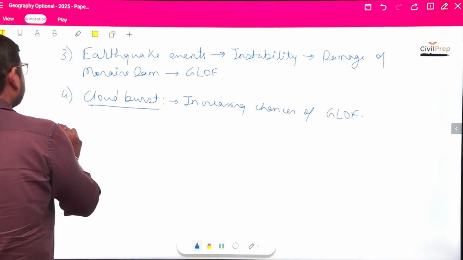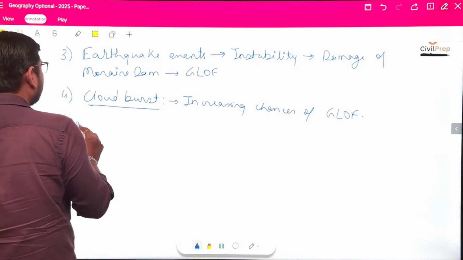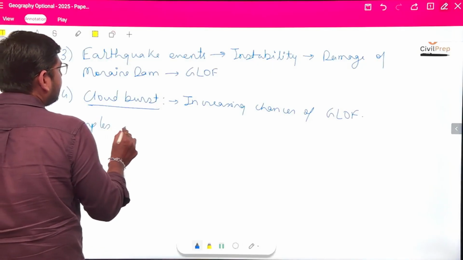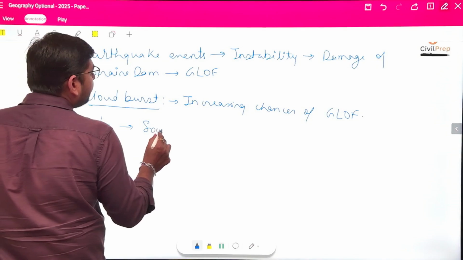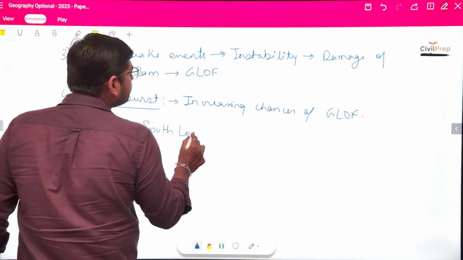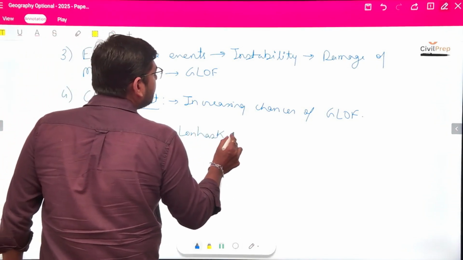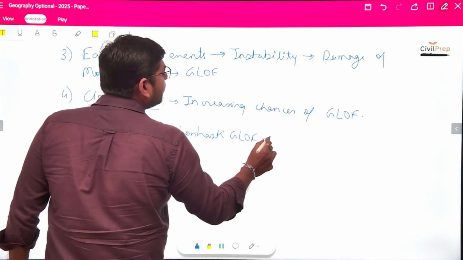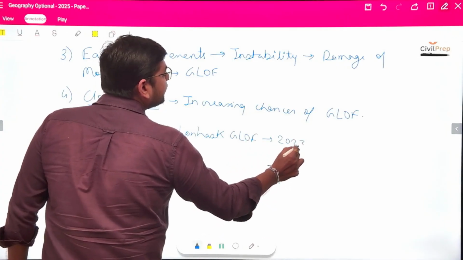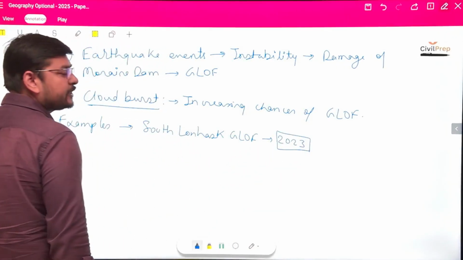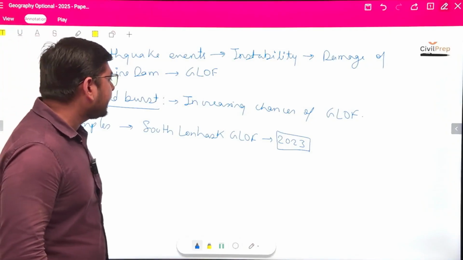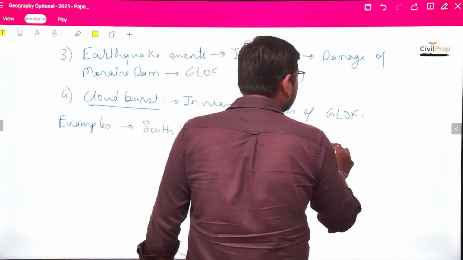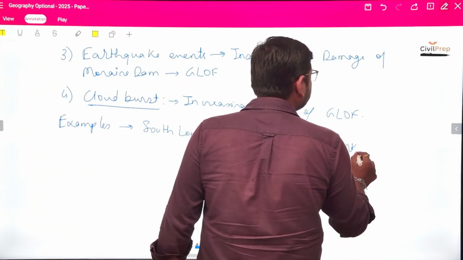Here we can give certain examples, like South Lhonak, where a GLOF happened in 2023. This is one of the major events, and it occurred because of earthquake activity.